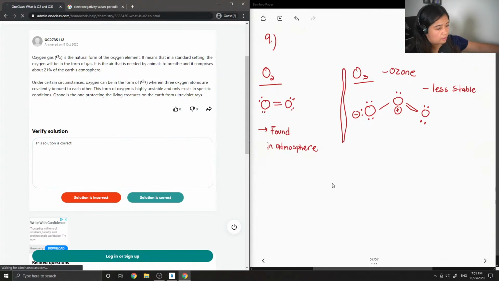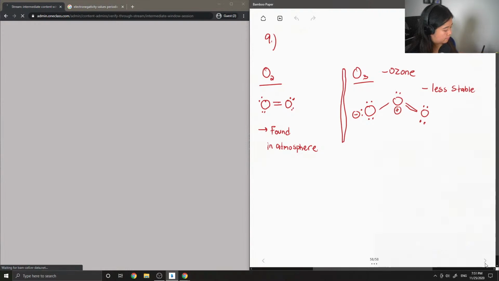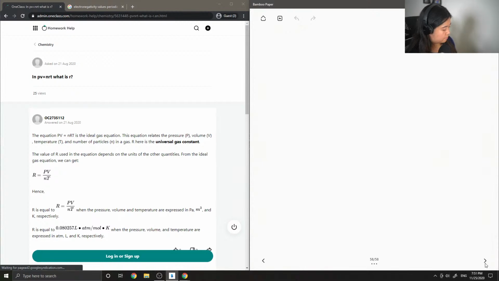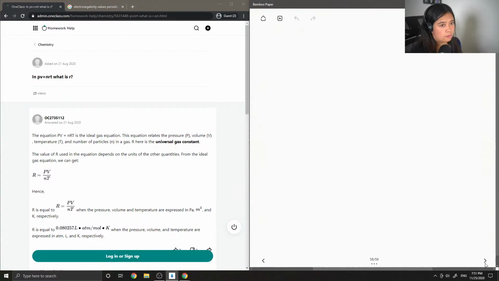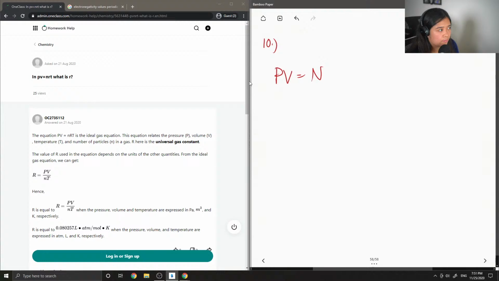Okay, so moving on to question number 10. In PV equals nRT, what is R? That is a great question. So let me just define all the different terms in PV equals nRT.